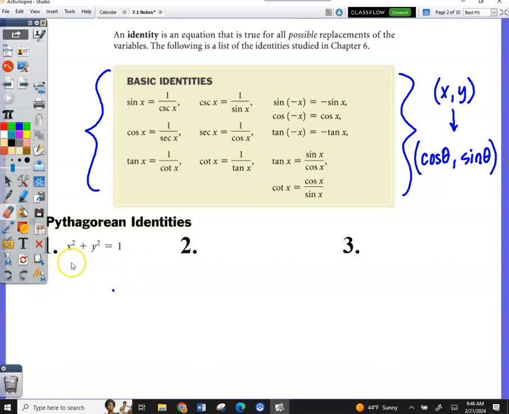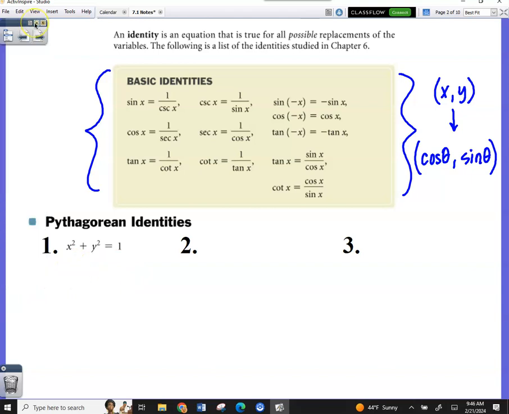Let me move this bar over so I don't run out of room. So all I've done there is substitution. Cosine theta for x, sine theta for y.